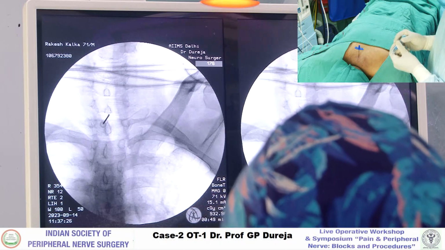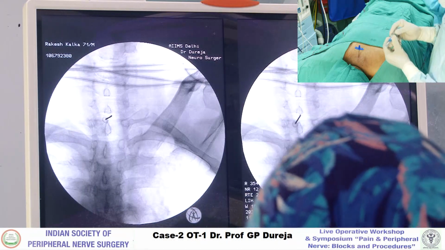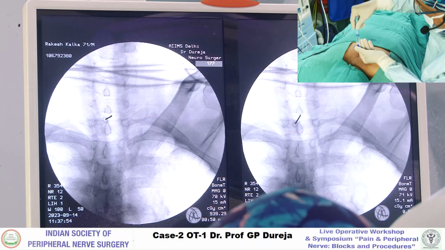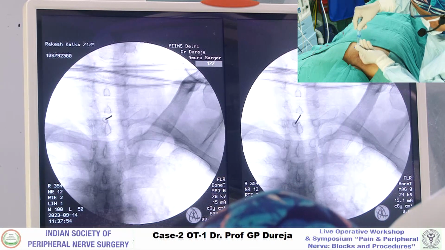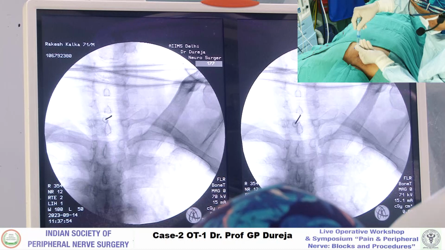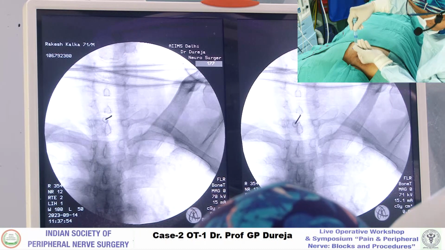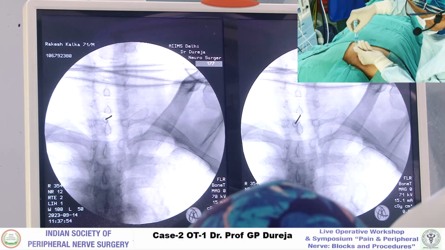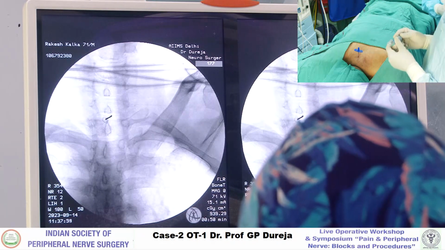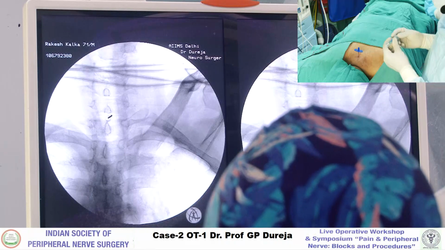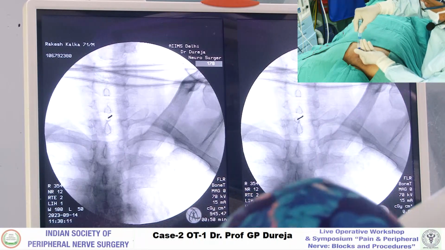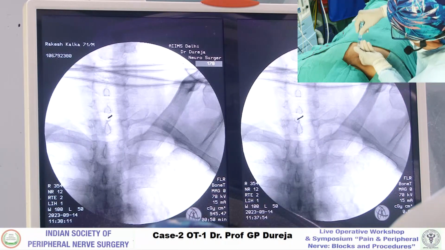Check please. So I am going middle right side. So now I have reached the ligamentum flavum. Check please. I can feel the ligamentum flavum. So now I have to be very careful.